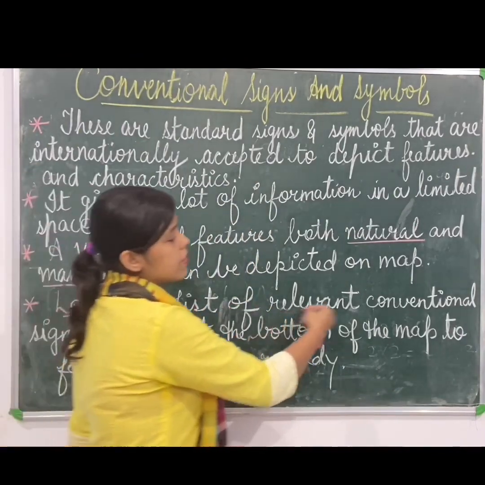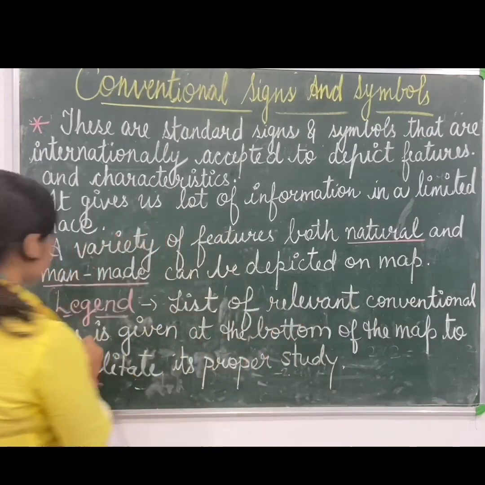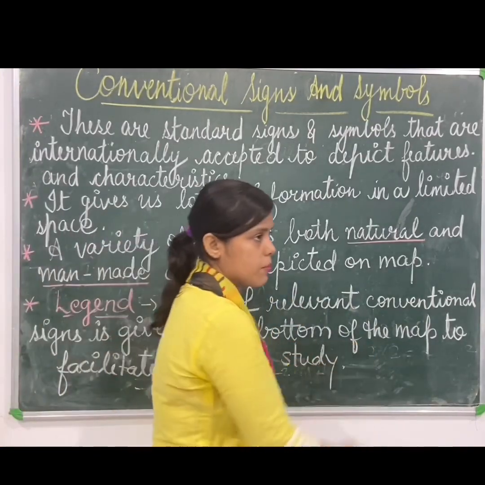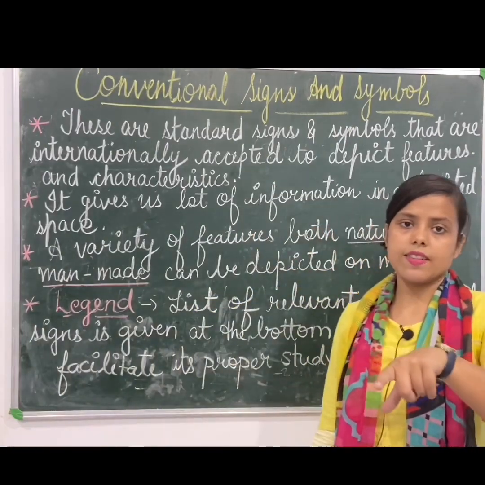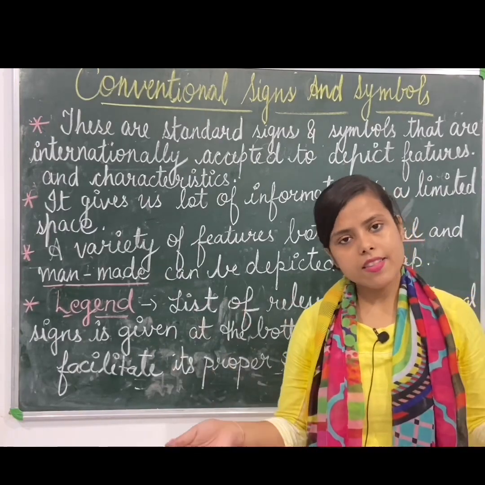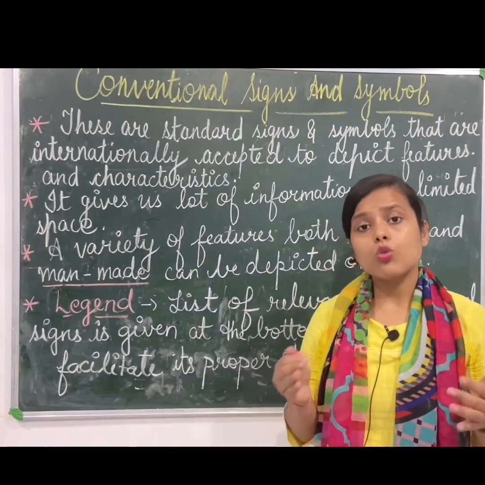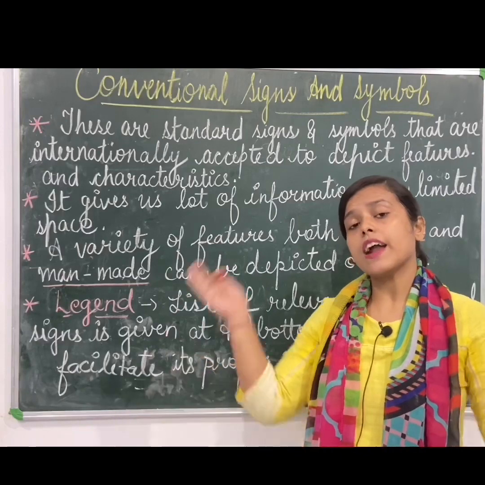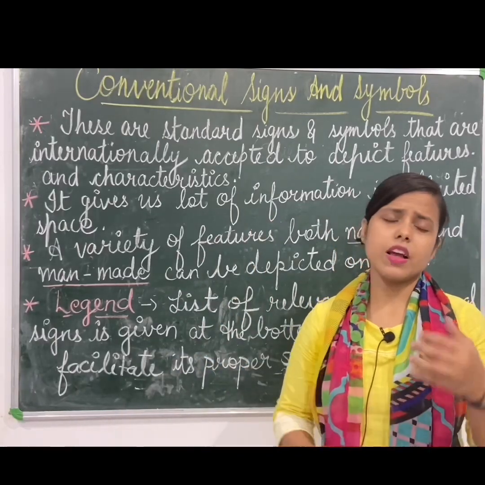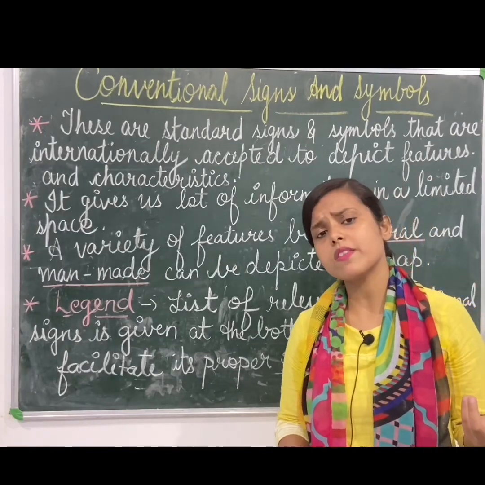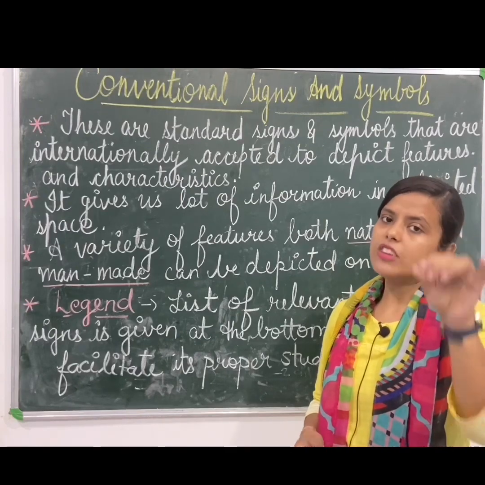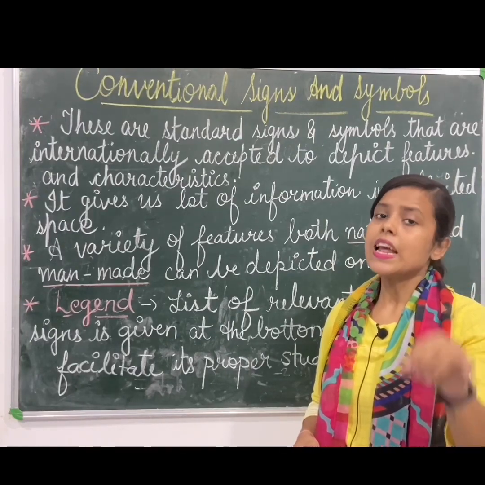A list of relevant conventional signs is given at the bottom of the map. That is a list of all the conventional signs you have used in that map. So many conventional signs and symbols are there, but you do not use all of them together in a single map. Whatever you want to show, suppose out of 10 conventional signs you have used 2-3, you mention those conventional signs in the legend.